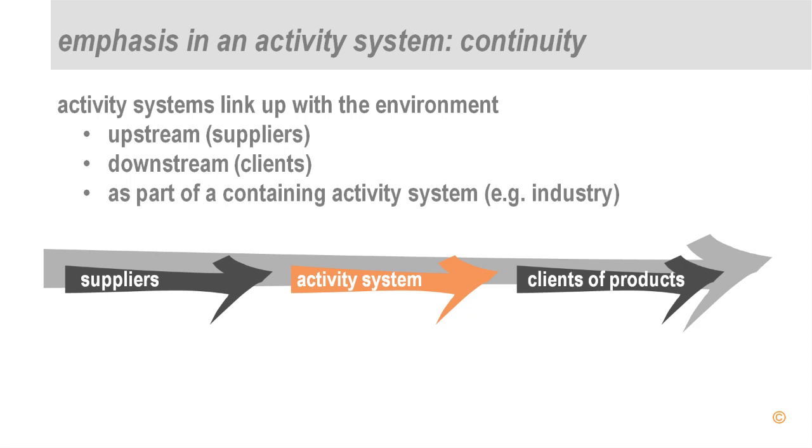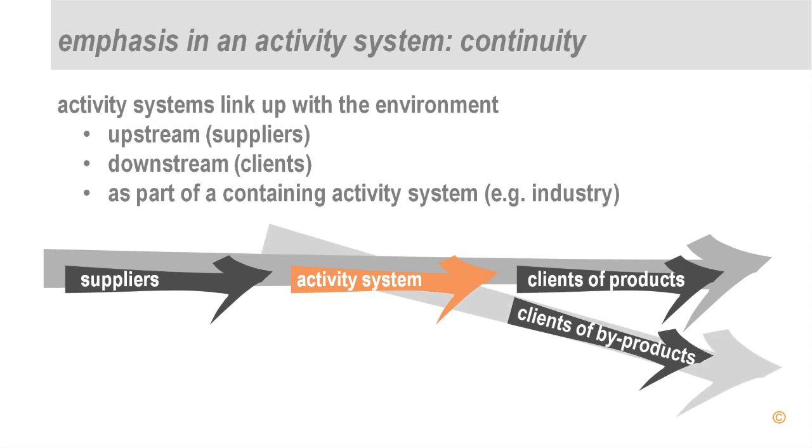There's still another link to be considered, namely that to the system that taps the byproducts of our processing. This is part of a different industry. Often this type of continuity into the environment is forgotten and is a major cofactor in the unsustainability of systems.